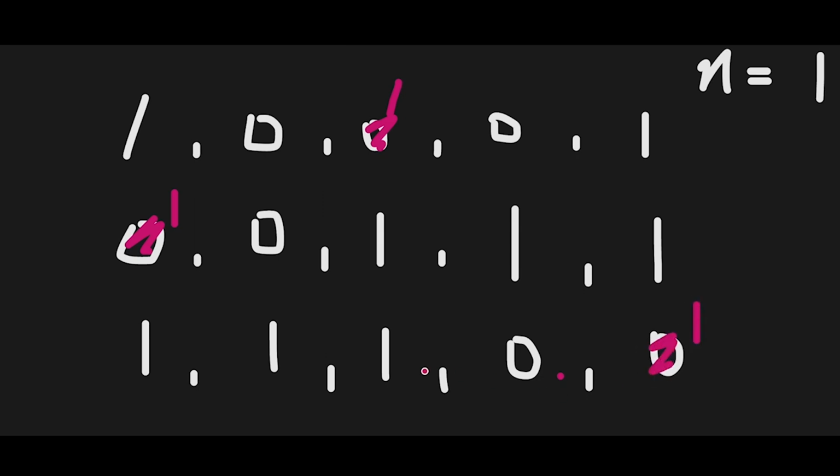And then there's no violation because the last index and index 2 are not adjacent positions. So in this case also we should return true. Yeah, so that is the basic idea to solve this question. With that being said, let's jump into the code.